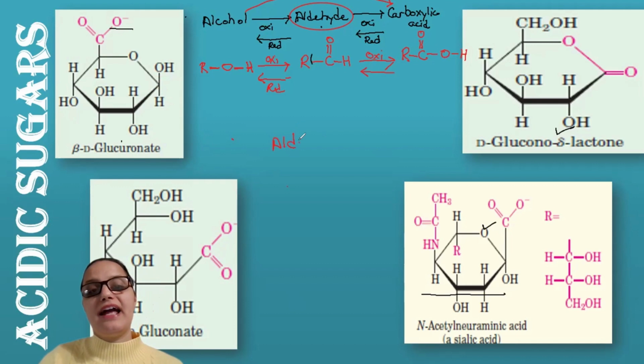They are named after whichever monosaccharide they have been derived from. For example, this has been derived from glucose. That's why it will be named gluconic acid.